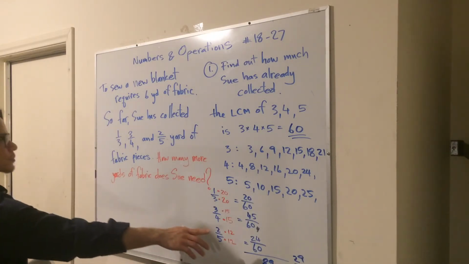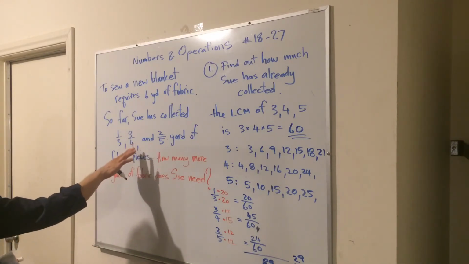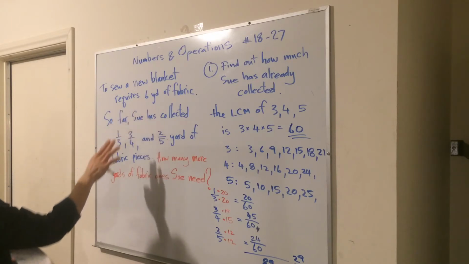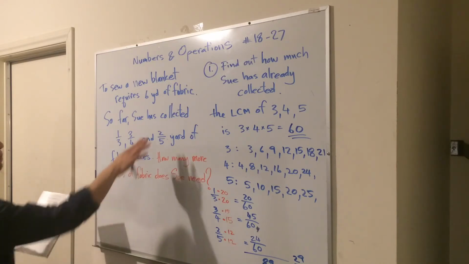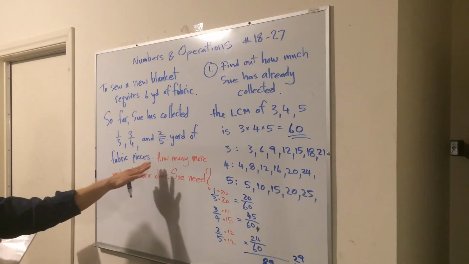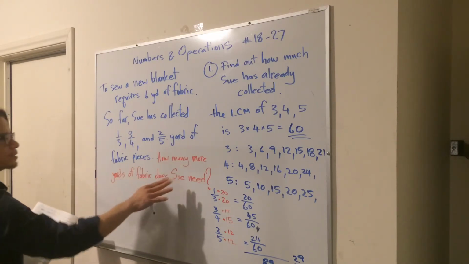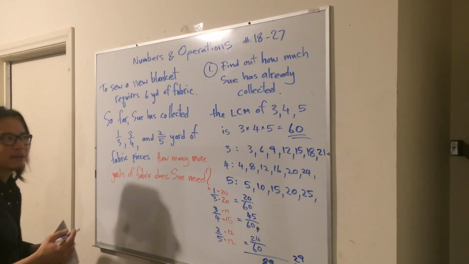Now, Sue has collected 1 yard and 29 over 60, and that's not very much compared to the 6 yards that she needs. The question asks how many more yards of fabric does Sue need? Are you going to add, subtract, multiply, or divide?